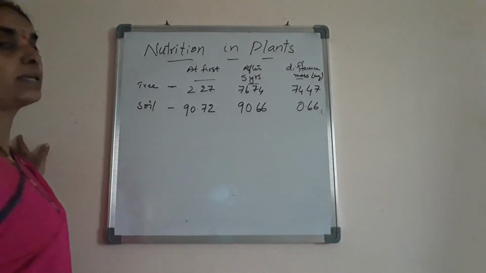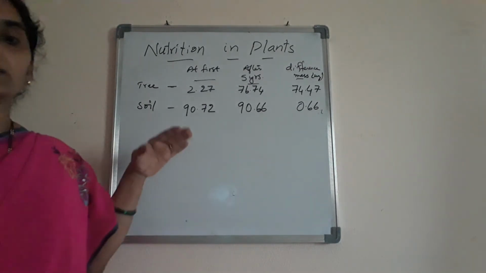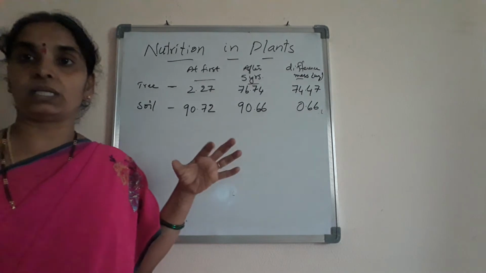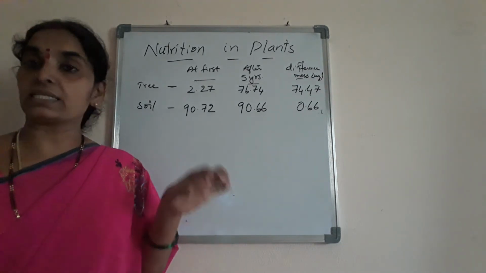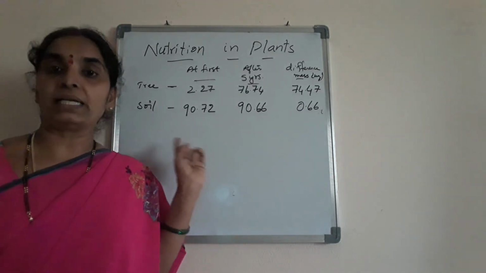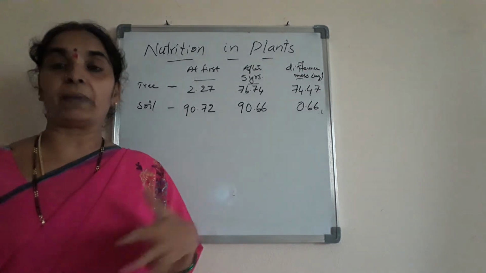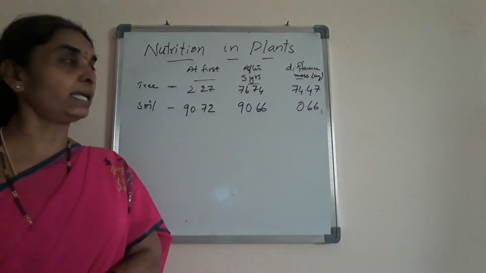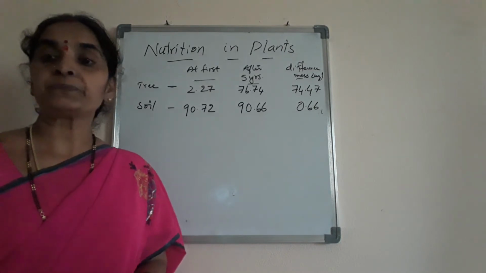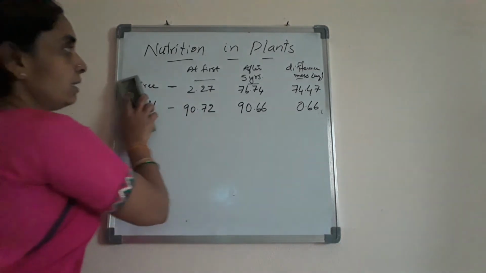So from this he observed that the substances needed for the growth of the plant do not come from the soil but from the water it gets. So the plant grows from the water it gets. So it was narrated by Van Helmont.